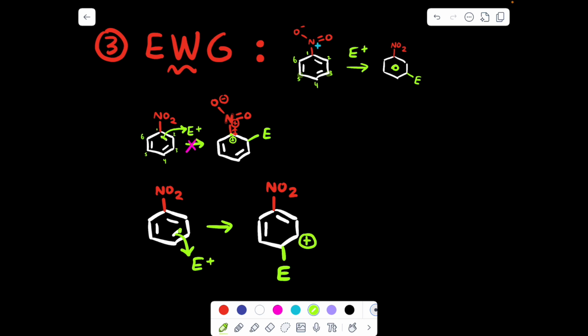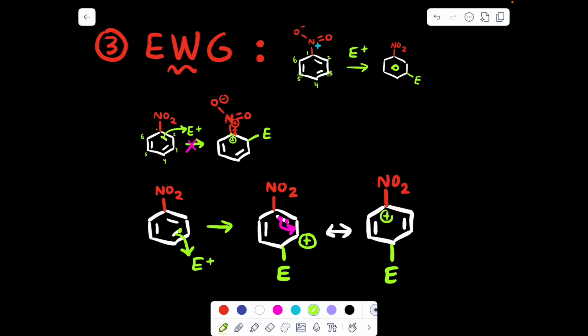So right now I don't see an issue yet, right? But let's draw a resonance structure. The neighboring carbons want to help out the cationic carbon, so this pi bond is going to go over. Now let's draw the resonance structure. Oh no, look at what we get. The positive charge now goes to the carbon with the NO₂ group.